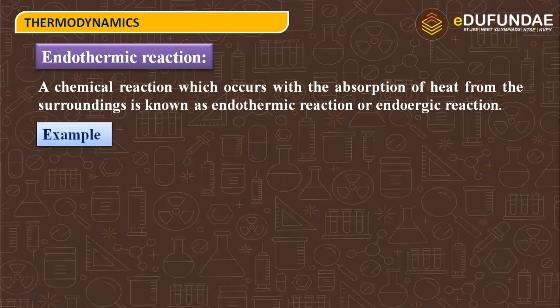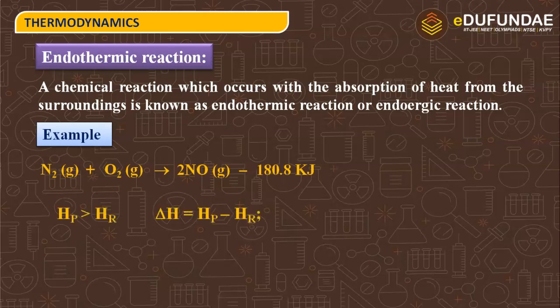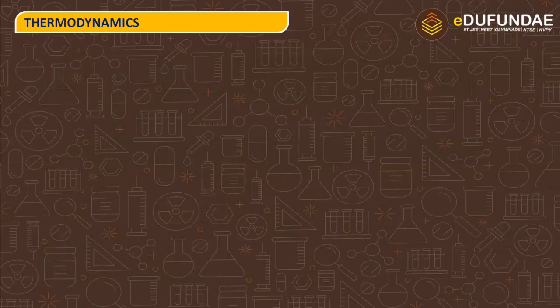Here is the example: nitrogen, when it reacts with oxygen, leads to the formation of NO and it involves the absorption of energy. In that case the enthalpy of products is greater than the enthalpy of reactants, and the enthalpy change delta H will be positive.